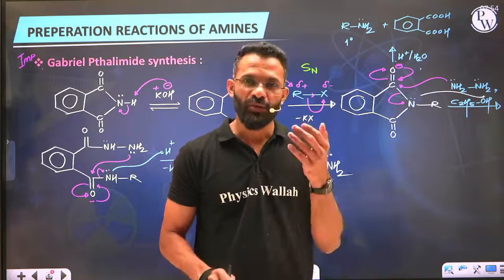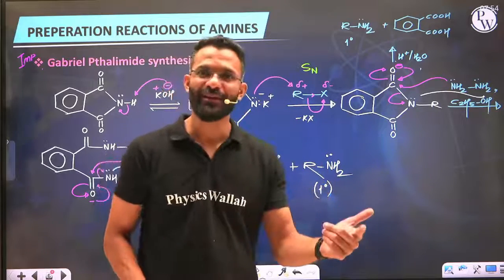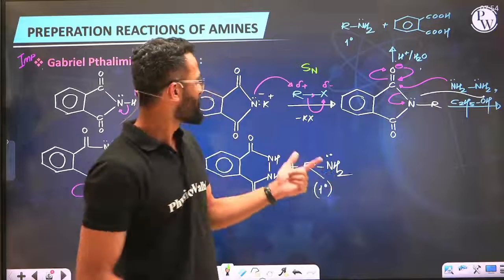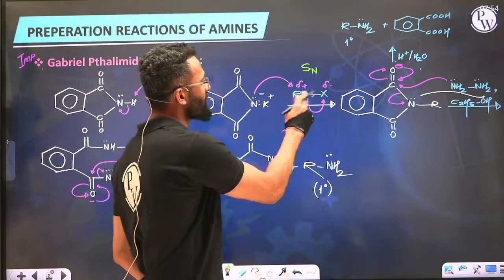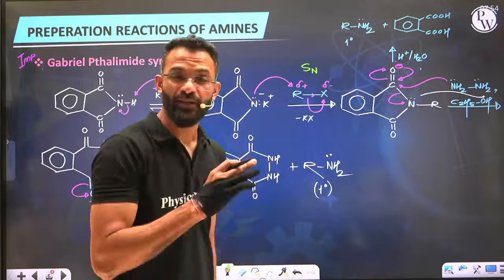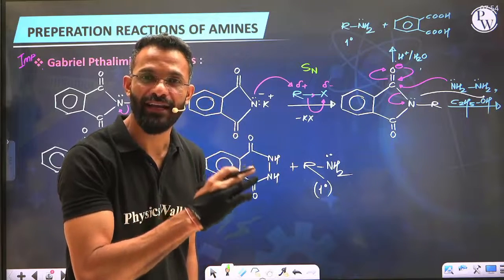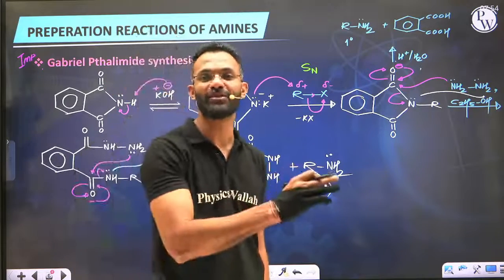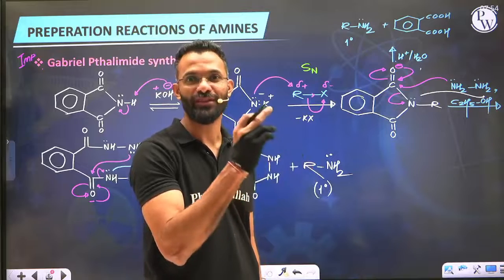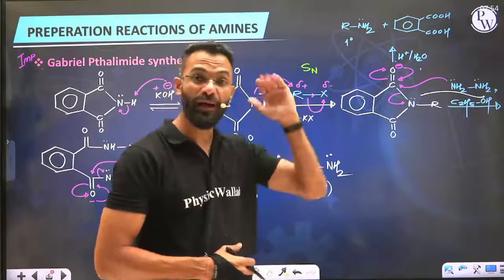So this method is preferred for the formation of primary amine only. Now, in primary amine, we have alkyl amine. Can we get aryl amine? Here the nucleophilic substitution is taking place at the saturated carbon of alkyl halide. Try to recall when we studied aryl halide, we know aryl halides do not readily undergo nucleophilic substitution because of the resonance stabilization between the halogen atom and the pi bond of the ring.